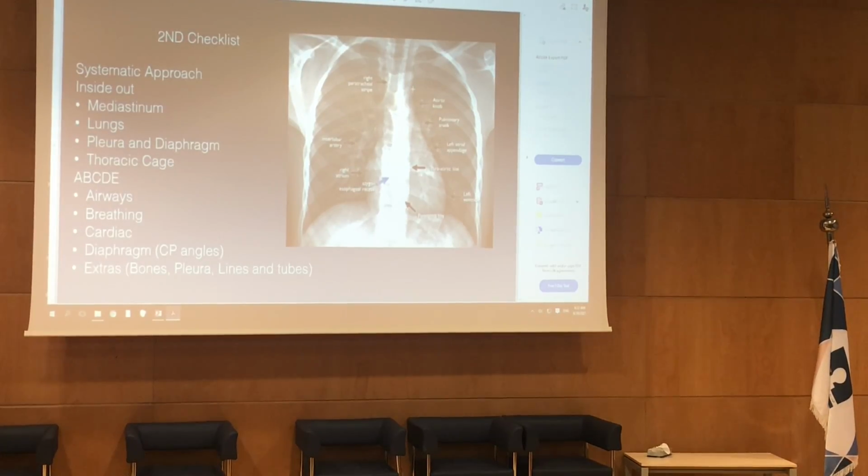The left margin of the heart is made by the aortic knob, second, the pulmonary trunk, which is the main pulmonary artery, then the left atrial appendage, okay, so this is part of the left atrium. It's like a small recess or finger-like projection, and then the left ventricle, okay.